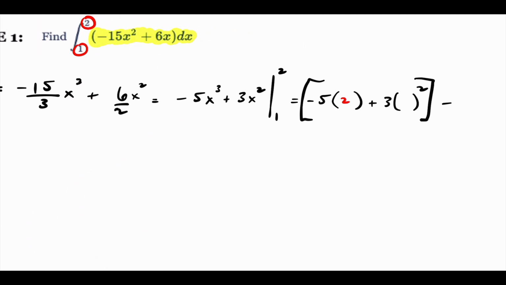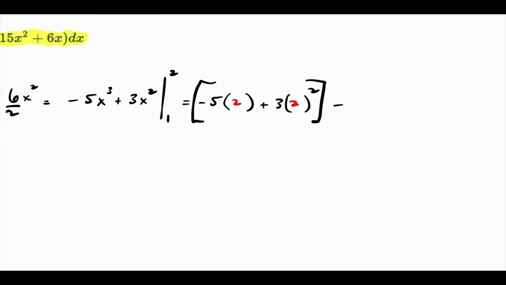So there's a 2 here, and there's a 2 here. Then I'm going to plug in 1 everywhere there's an x. There's a 1 here, and there's a 1 there. Solve it.